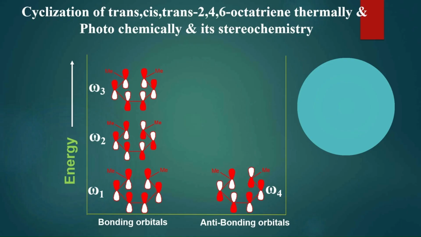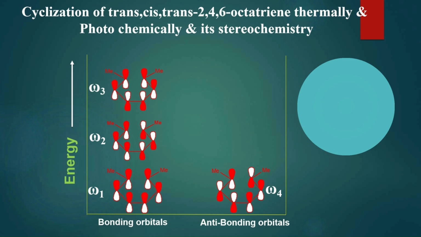At the psi 4 position, the first 2 orbitals are in the opposite phase. The second 2p orbitals are also in the opposite phase, and the third 2p orbitals are in the opposite phase.